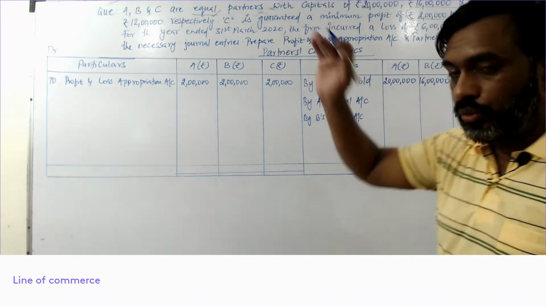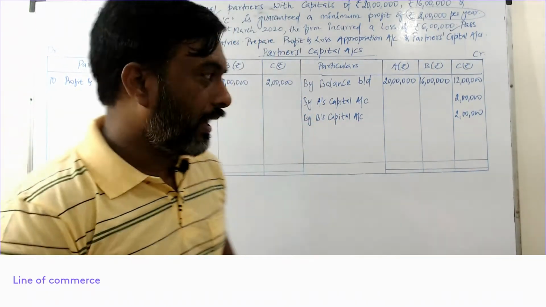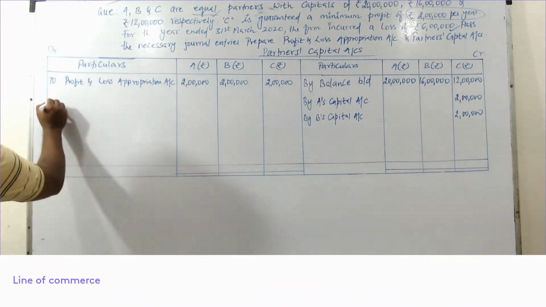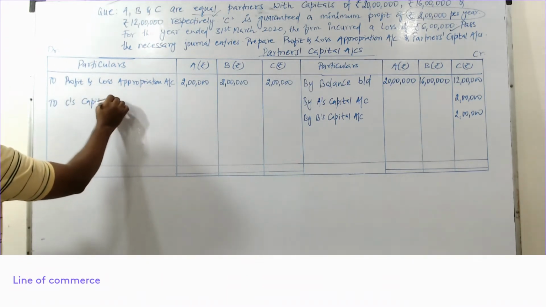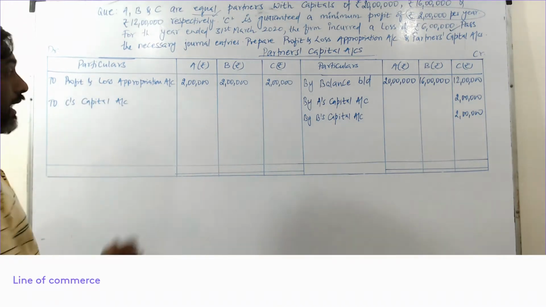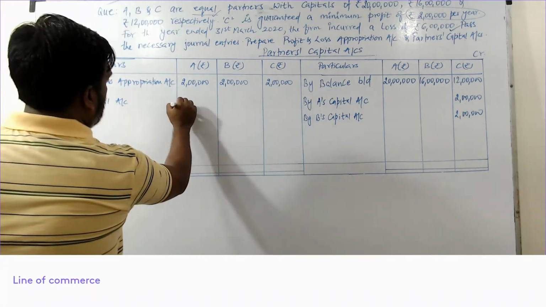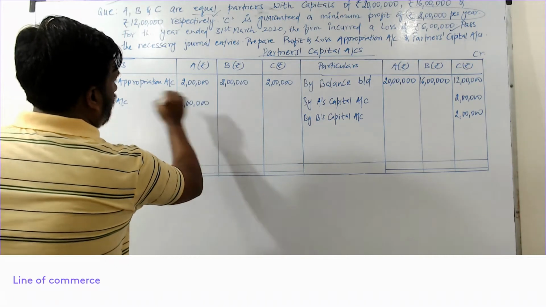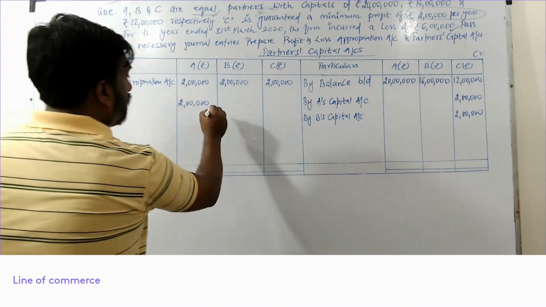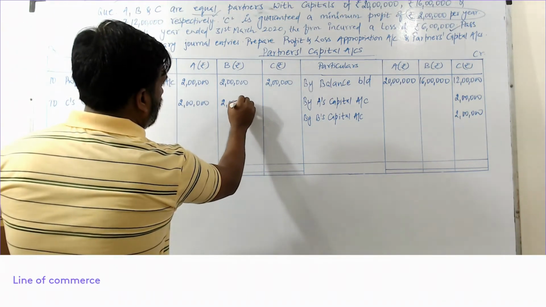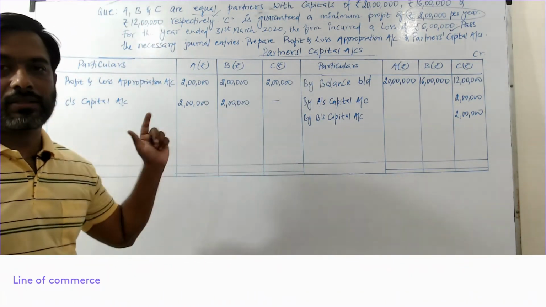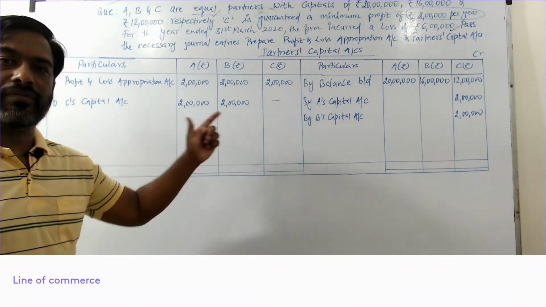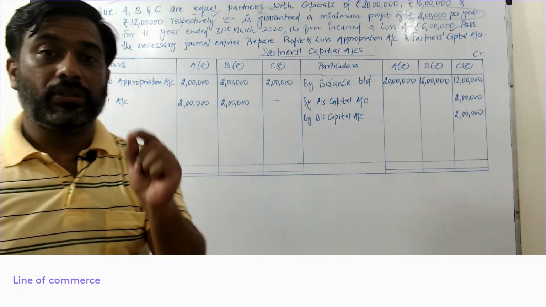Then go to the debit side and write to C's capital account, and in A's column write 2 lakh, and also in B's column you write 2 lakh. Hope you understood this, the adjustment entry of deficiency. Please remember the entry.